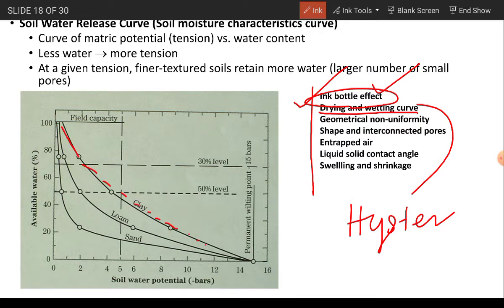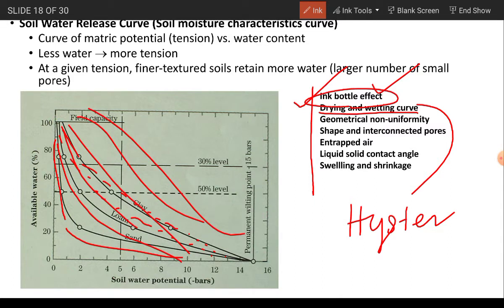Hysteresis is nothing but, you see here, for everything there is a curve, and here we draw another set of drying and wetting curves. You can see it will form an I shape. This is the drying curve, this is the wetting curve.